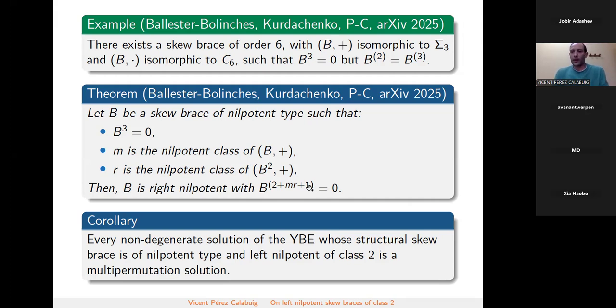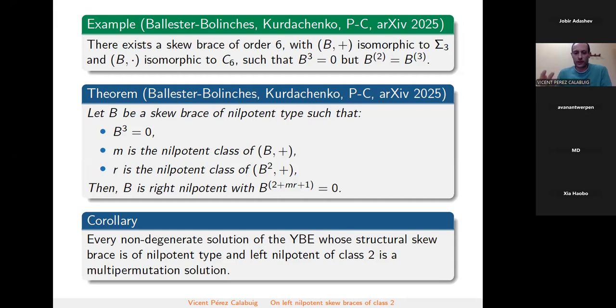Okay, so the first application of this main result applies to the classification of multipermutation solutions. We have that every non-degenerate solution of the Yang-Baxter equation, whose structural skew brace is of nilpotent type and left nilpotent of class 2, is a multipermutation solution.